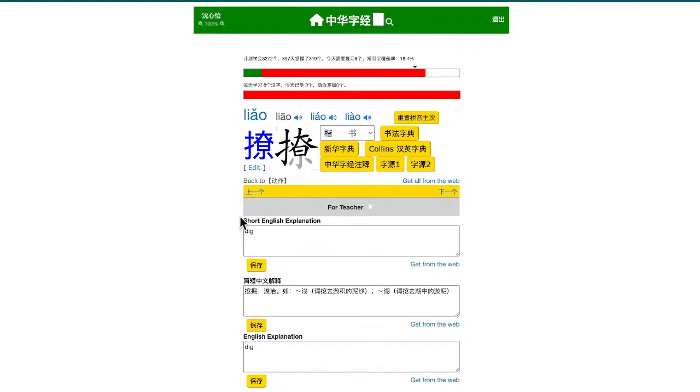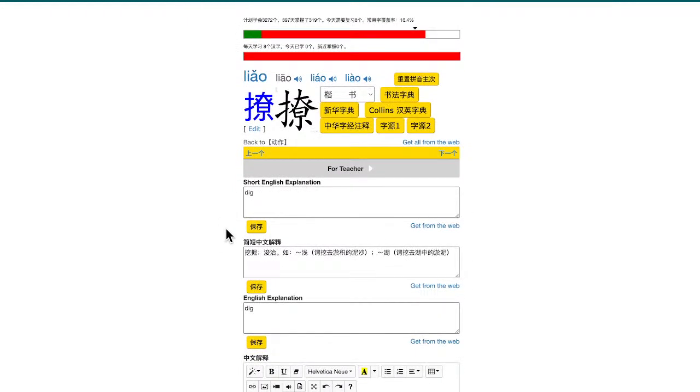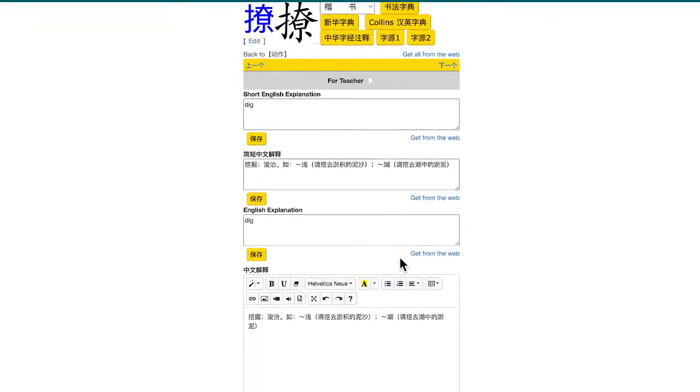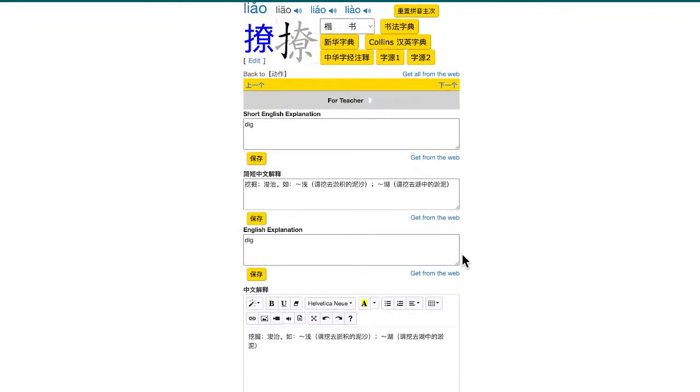And then 疏. When you say 疏, that means dig, 浚治挖掘, 疏浚, 疏浚湖. It means to dig the sand and dirt underneath the river or the lake so that ships can go through, or the port can function.